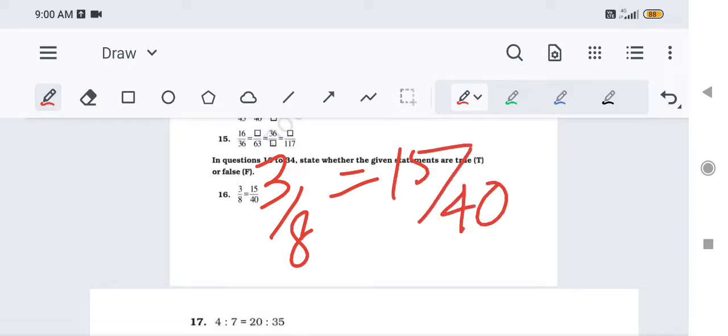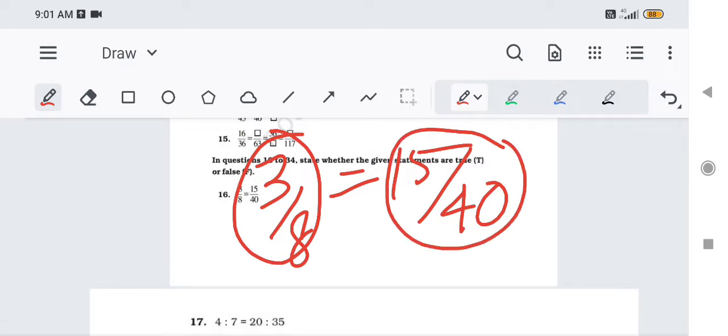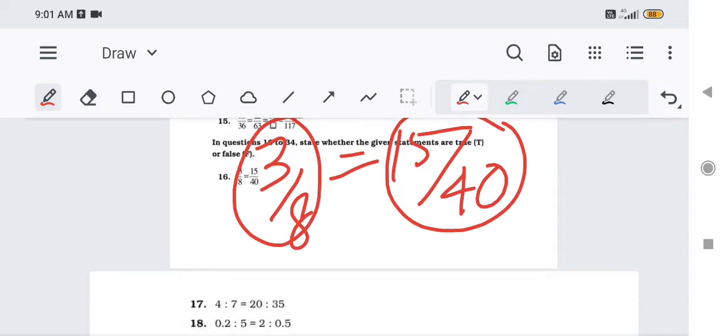You have to check whether this given statement is true or false. So you can understand that these two have to be equivalent fractions. For making any fraction equivalent to another one, we have to either multiply or divide both the denominator and the numerator by the same number.